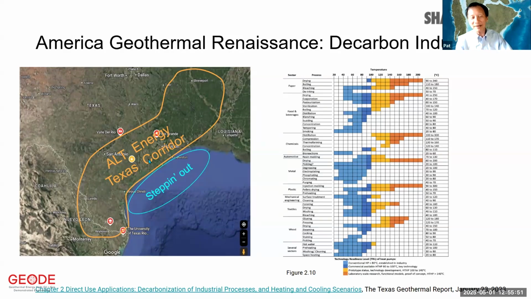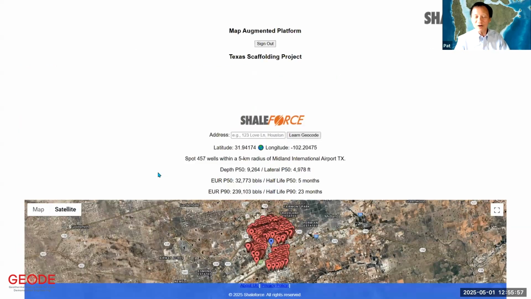And then later, given this information, how do we think about stepping out onto the shelf? All right. So first, think about using existing oil and gas wells, or just think about what the opportunities are, even just going in and further pursuing oil and gas. So here again is a map augmented platform. You enter, let's say, Midland International Airport, Texas.